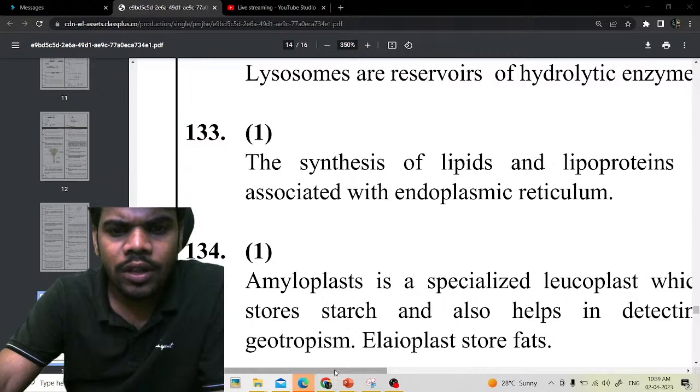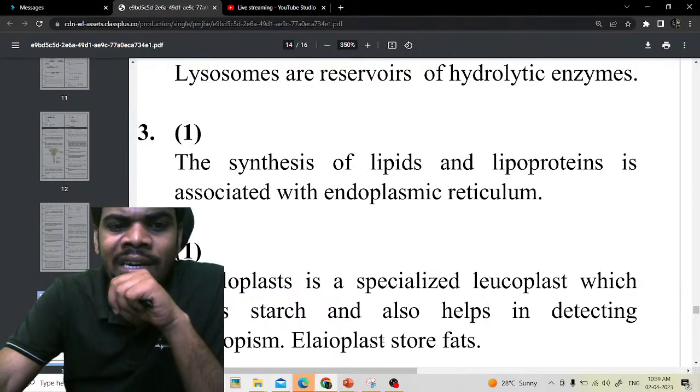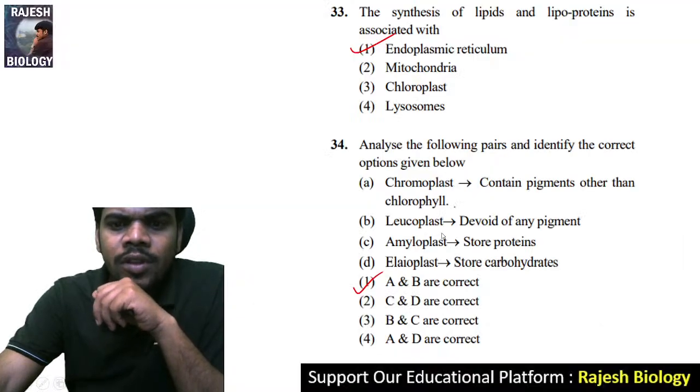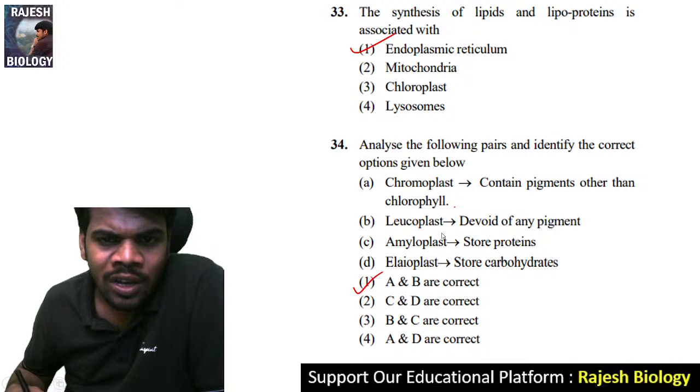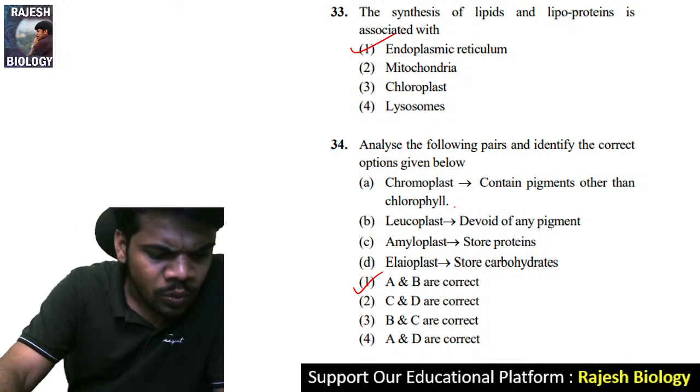Here, your answer: amyloplast is a specialized leucoplast which stores starch and also helps in detecting the geotropism. Eleoplast store the fats. So C and D are wrong, A and B are correct. 34, option 1 only right. So Chinnu right, and Priyanka right.